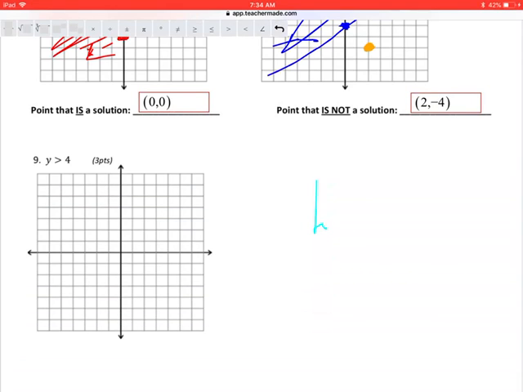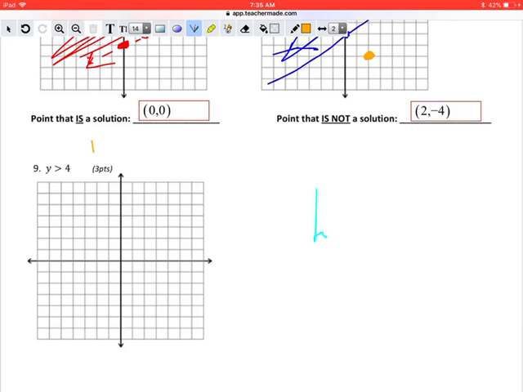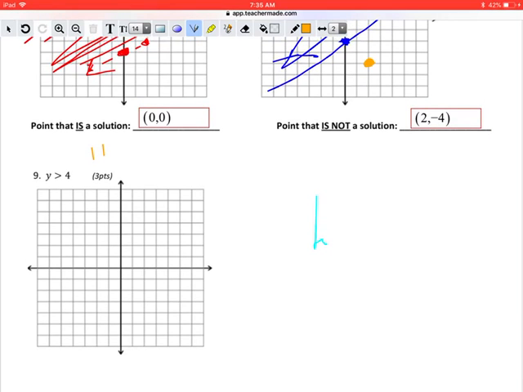Okay? And so the last one is just a graph. So remember, when it's y equals, this is a horizontal line. So I'm going to use a horizontal line.